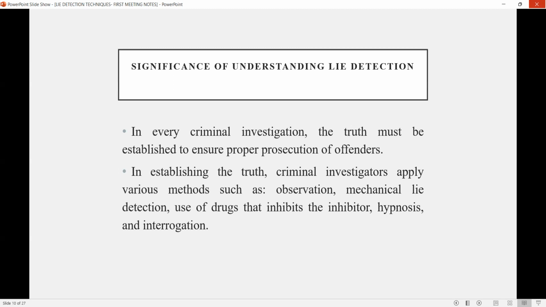And in establishing the truth, criminal investigators apply various methods. How? By observation. Are you sweating? Perspiring? Do you keep moving around there? Can't you sit still? So, based on observation.